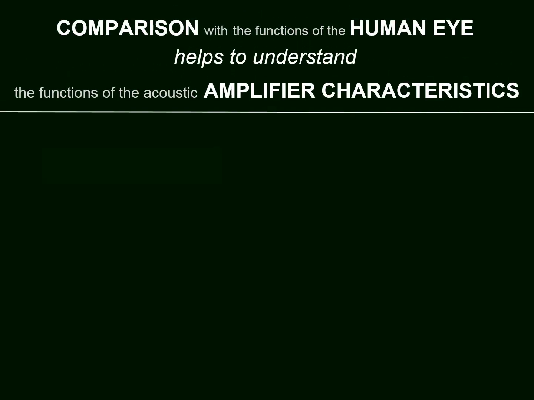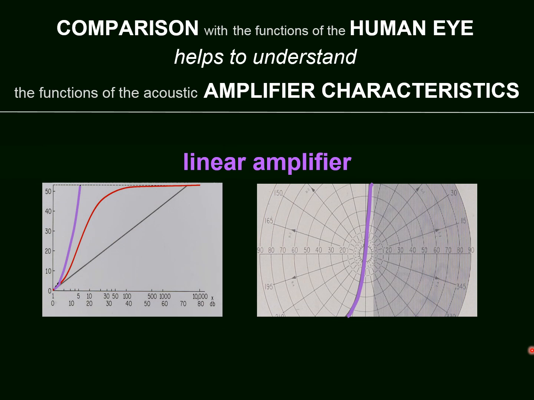When we compare these amplifier characteristics with the functions of the human eye, we learn to understand the impact these characteristics have on echography, on the differentiation of tissues, on the acoustic evaluation.